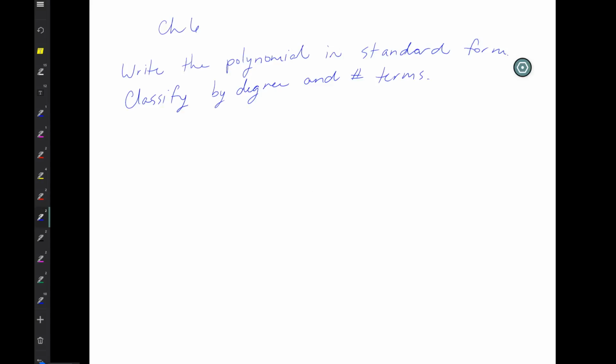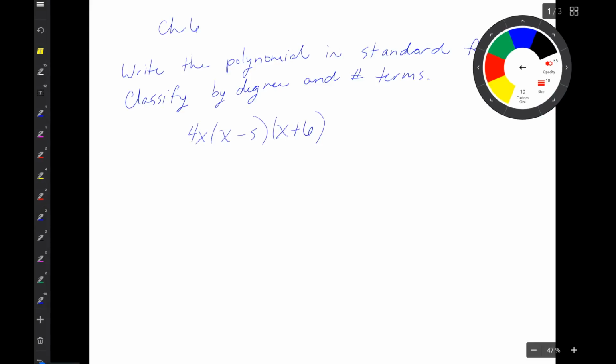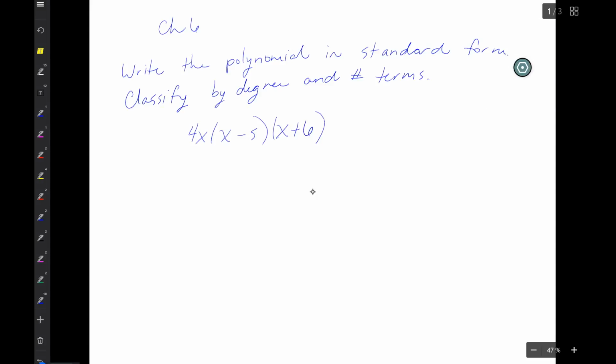Okay, so if you are given something like 4x times quantity x minus 5 times quantity x plus 6, do you guys remember what you would do with that? Multiplication, you can actually multiply in any order.